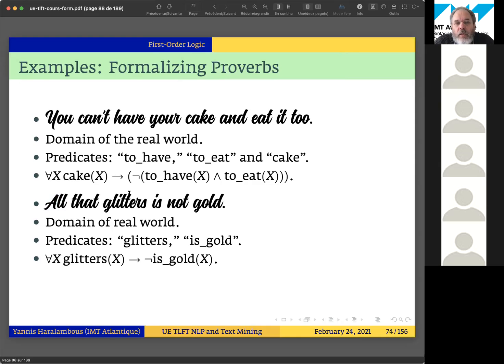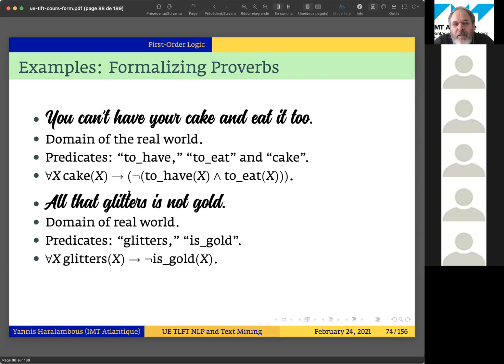Is this formula correct? Does it represent the proverb? No, I don't think so. So what does it represent? It says that everything that glitters isn't gold, not that all that glitters is not gold. Yes, the two sentences are very close.